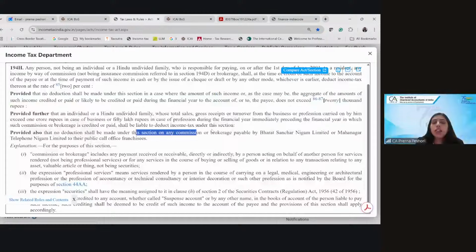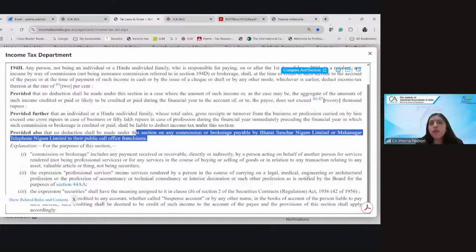No deduction under this section shall be made on any commission or brokerage paid by Bharat Sanchar Nigam Limited or Mahanagar Telephone Nigam Limited to their public call office franchisees. Fine. Then what do they say?